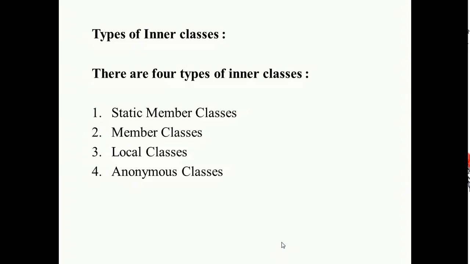The anonymous class can extend a class, it can implement an interface, or it can be declared in a method argument. So these four are the types of inner classes.